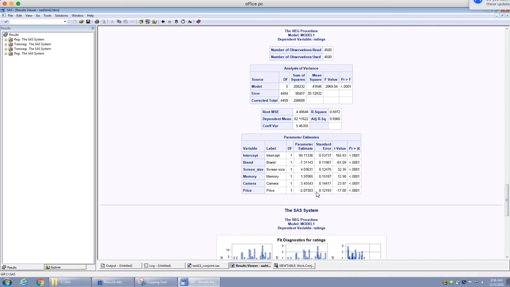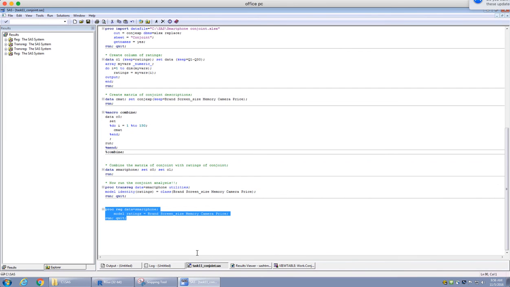Price is obviously going to be negative, which means the higher the price, the less importance it has. But unlike the two-level case, it's really hard to interpret what values to use here. That's probably the reason that we use transreg for multi-level conjoint analysis.